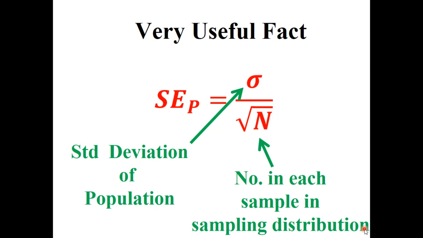n is the number of individuals in each of the samples in the sampling distribution. In our East Virginia example, we said that n equals 1,000. That is, there are 1,000 individuals in each sample.